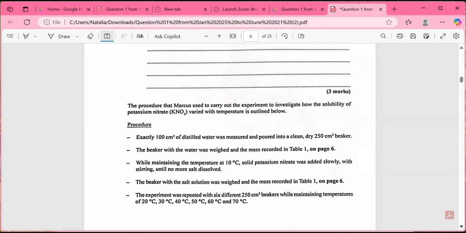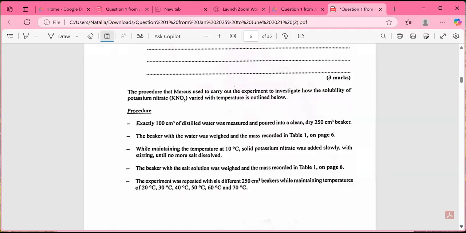Yes, miss. So the procedure that Marcus used to carry out the experiment to investigate the solubility. Can somebody define solubility? I'm not sure if the question asks for it. Anybody remember the solubility?